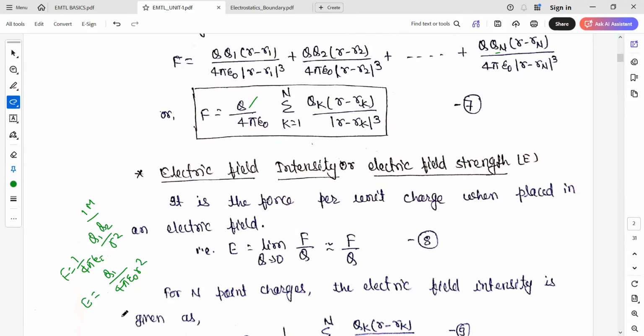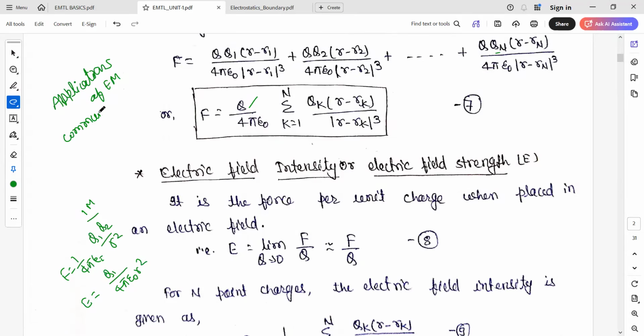And very important: what are the applications of electromagnetic waves? Nowadays you are seeing that the first thing is communication, where we use EM waves.